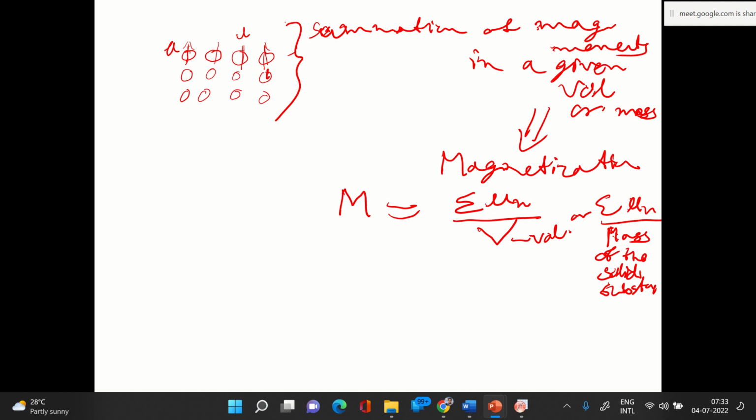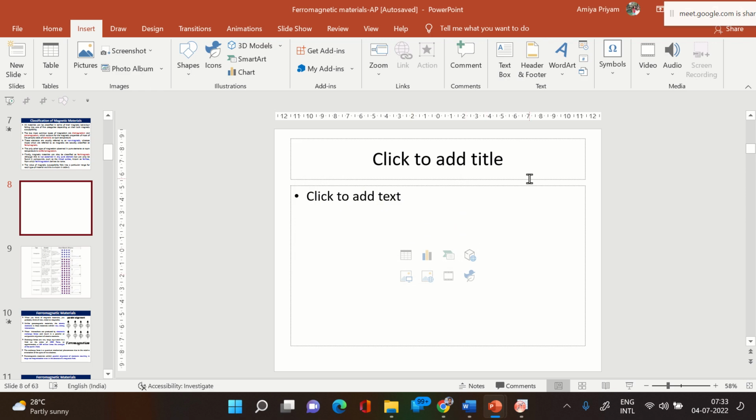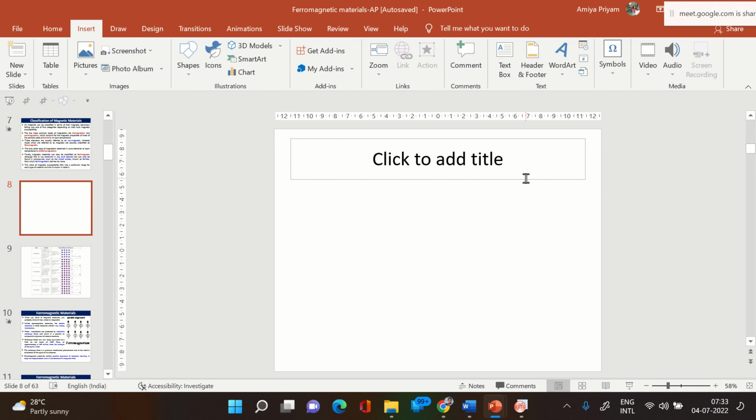So it is expressed either way, but most of the time it is per unit gram of the material. Whether the moments are aligned or pointing in other directions, whatever it comes out to be is the magnetization, and this magnetization is plotted versus the field. The curve you get is a reflection of that.